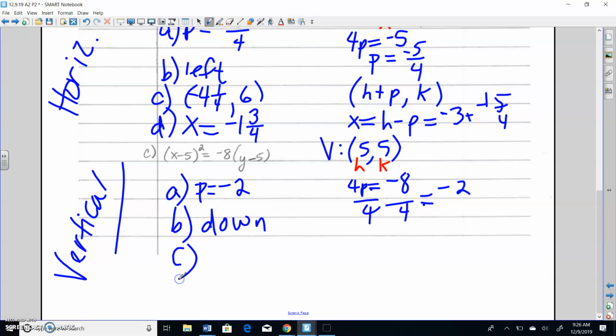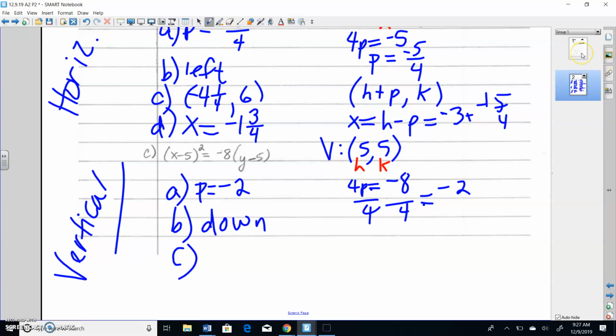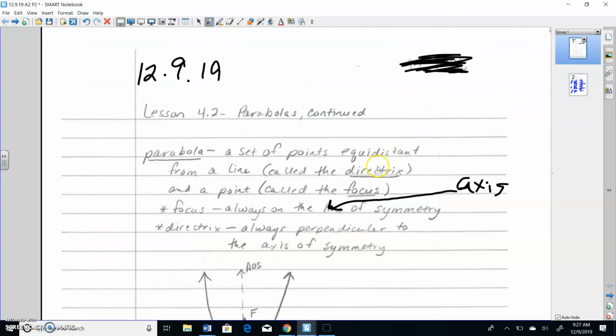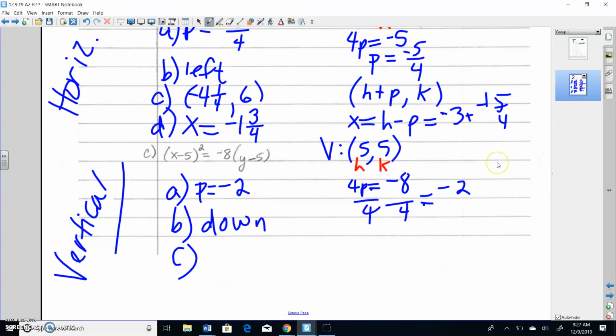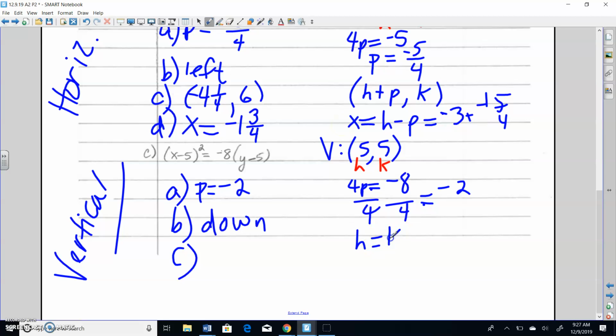Good. Now we're trying to find the location of the focus. So remember, for a vertical, the focus is going to be h, k plus p. So h is 5. What is k plus p?